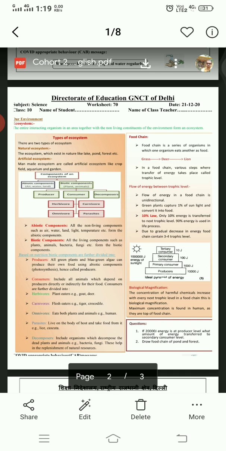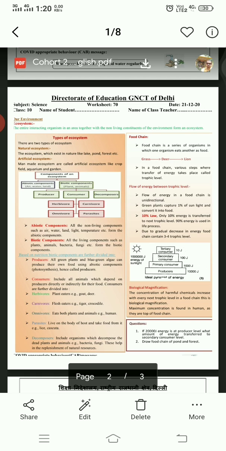producers like plants, grasses, high trees, blue green algae, all these producers along with herbivores like cattle, deer, grazing animals, along with carnivores like fox, owl, then hyenas, then top carnivores like tiger, leopard, jaguar.